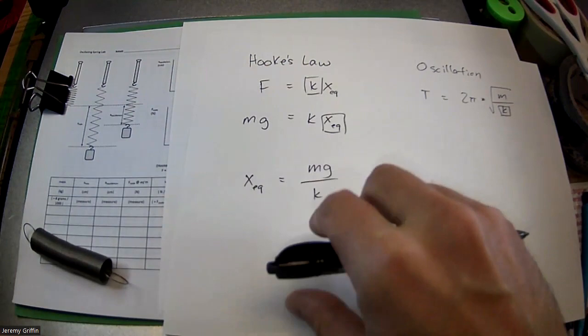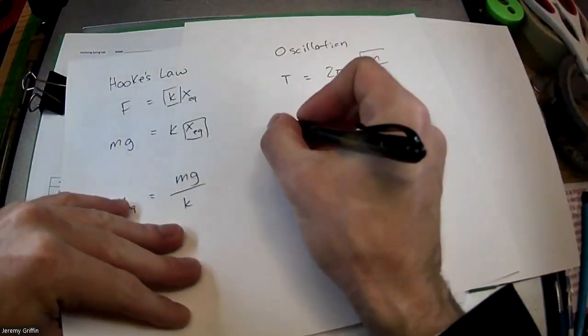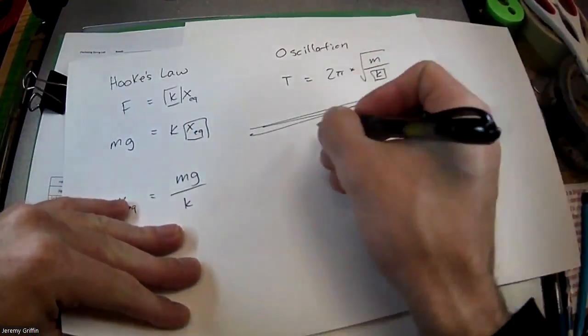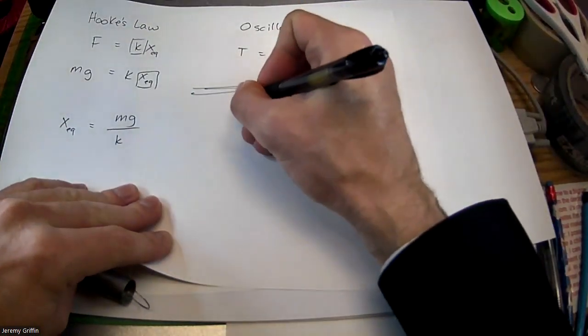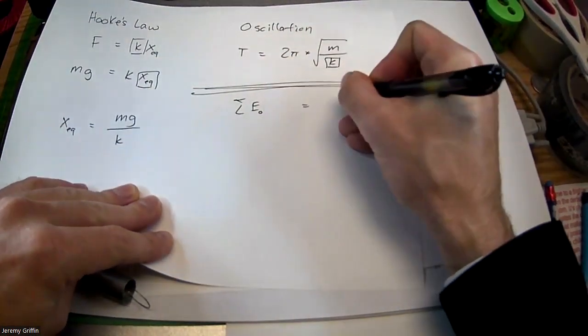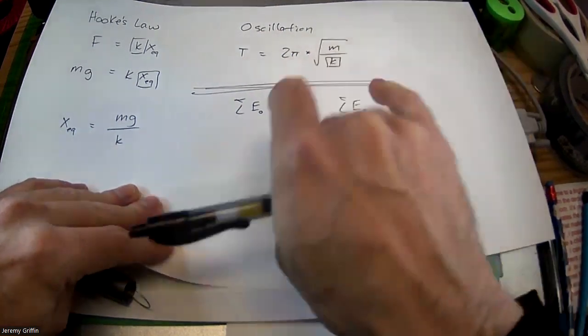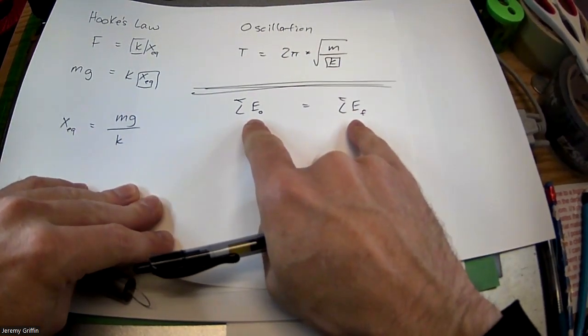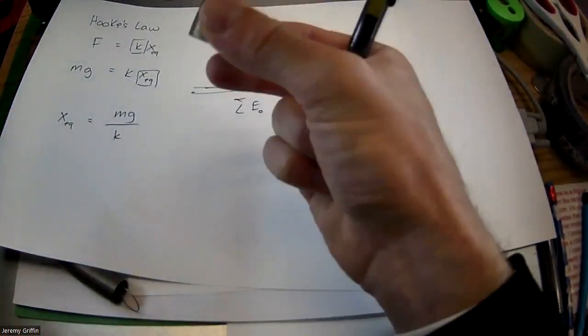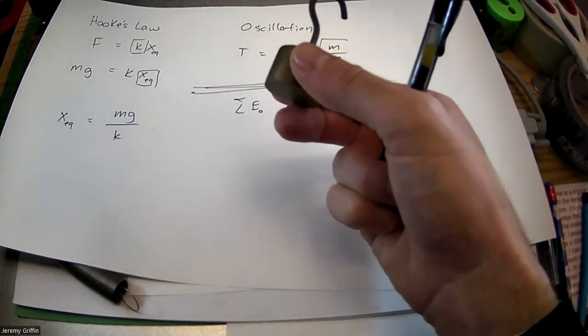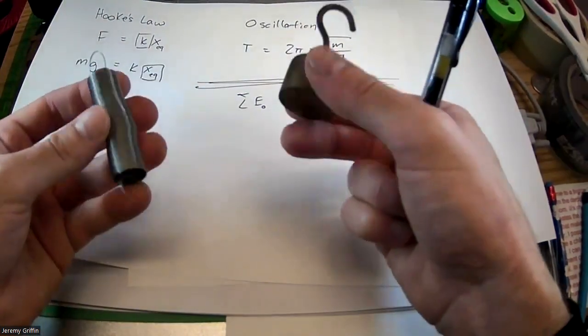Can you guys set up a conservation of energy and beat me to the answer? Trying to give you guys a little head start here. Sum of energy initial equals sum of energy final. What would be in the closed system to make this work? Maybe the weight and the earth, and the spring. The spring, weight, earth system.